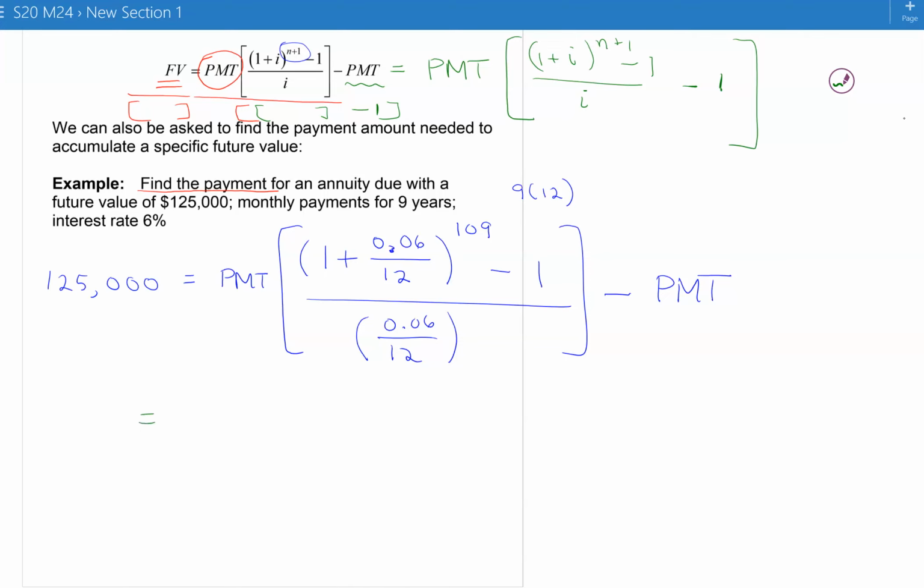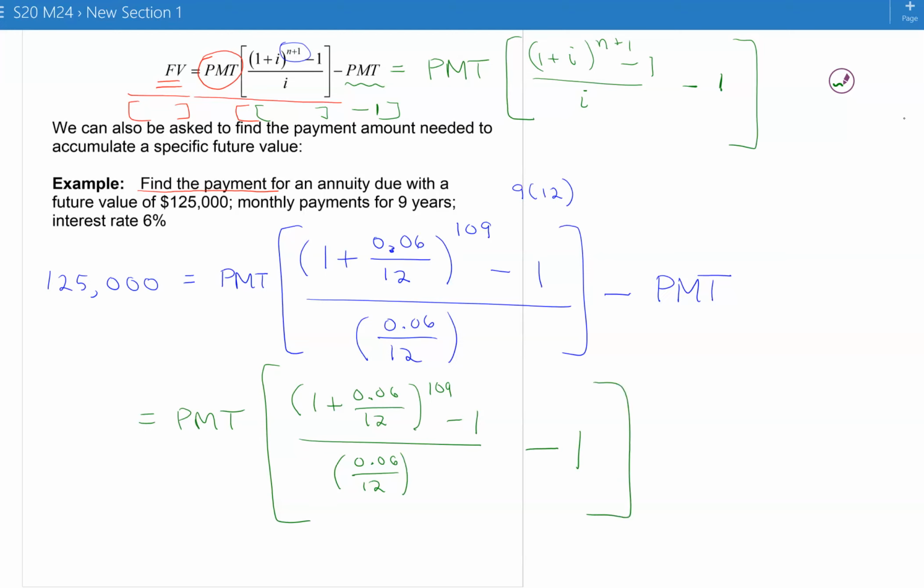Okay, so we're going to have payment times, this is going to be giant, 1 plus 0.06 over 12 to the power of 109, minus 1, over 0.06 over 12. That has to have 1 subtracted from it.